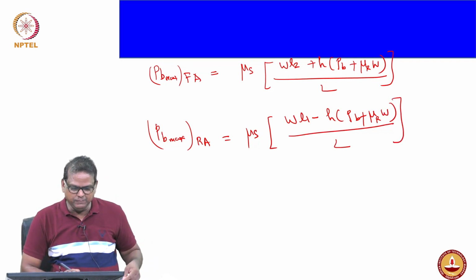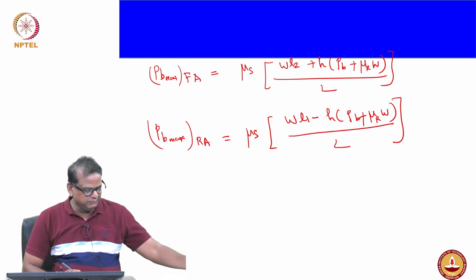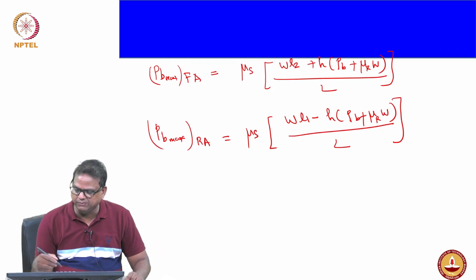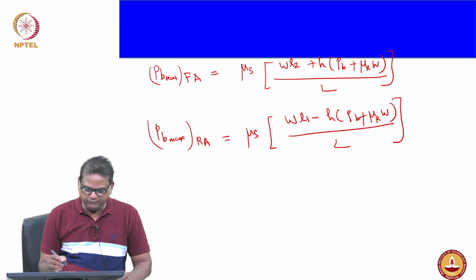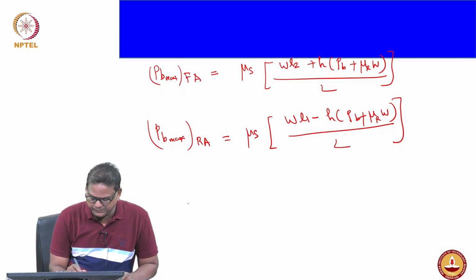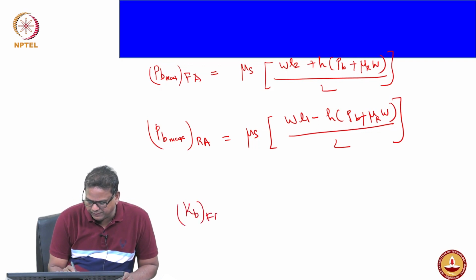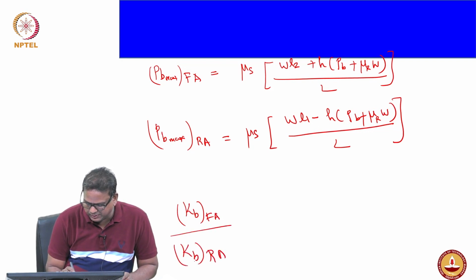And also we have taken the proportion of these two equations, and finally we arrived at KB FA divided by KB RA.